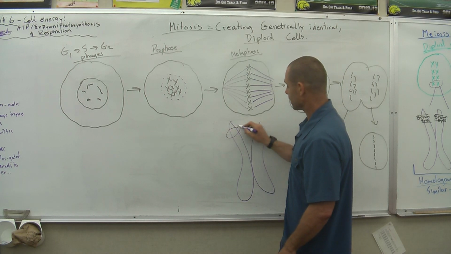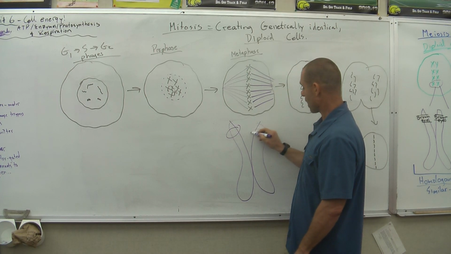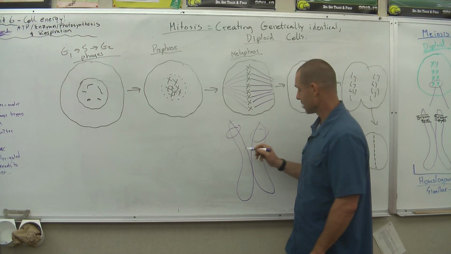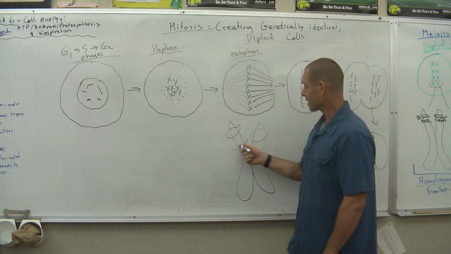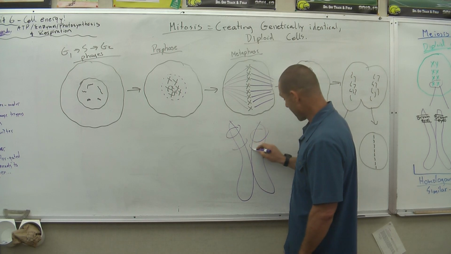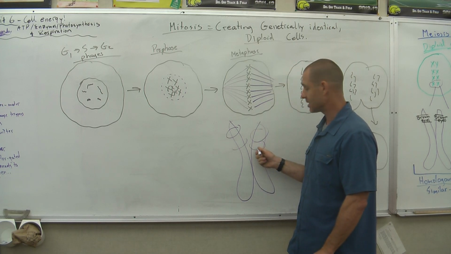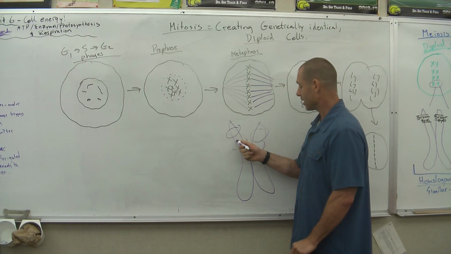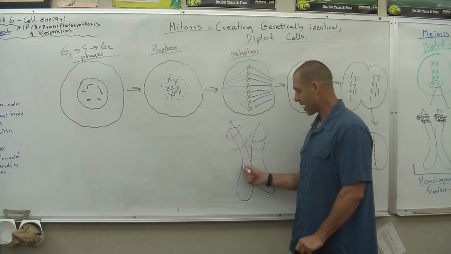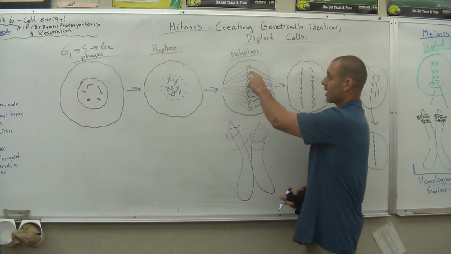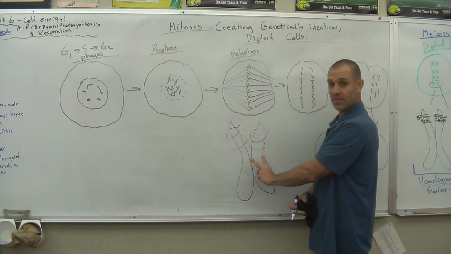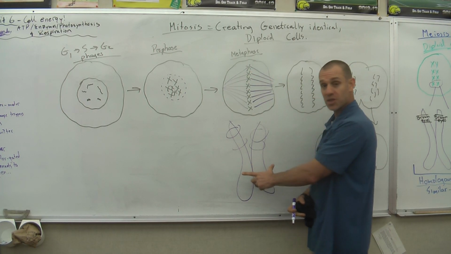So if that's a gene for blue eyes, then right there, that's a gene for blue eyes. If that's a gene for a disease like, say, cystic fibrosis, well, that's the gene for the same exact disease, cystic fibrosis. We copied a genetically identical copy of that strand of DNA to make a second strand. So that X really is 2 copies of the same DNA. Now they're going to split apart.